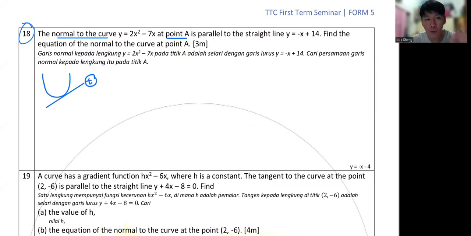So now the normal will be touching the same point and it is 90 degrees to the tangent. So now this point is point A. That's the meaning for this one. Normal to the curve at point A.